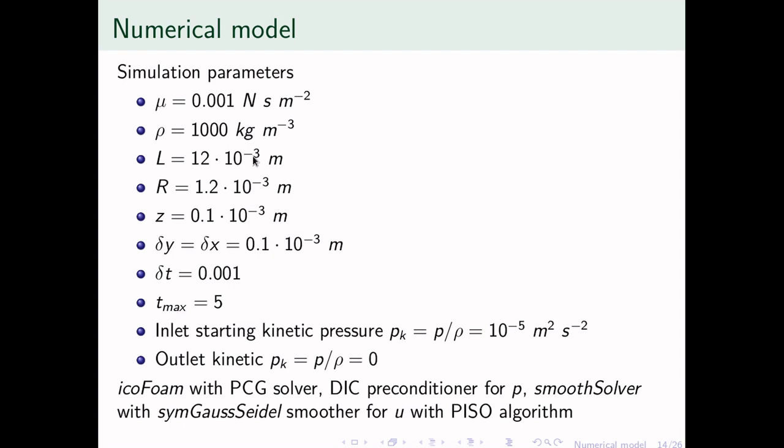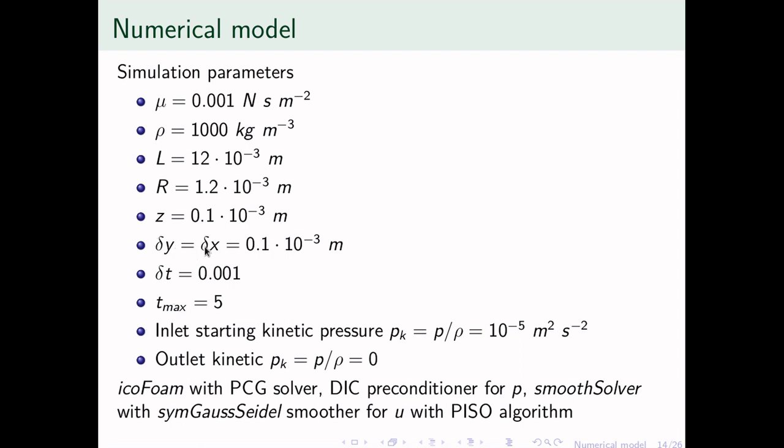We have a quasi three-dimensional geometry of the domains, but we set the z dimension at a very small value to simulate two-dimensional porous media, because OpenFOAM does not deal with two-dimensional geometries.